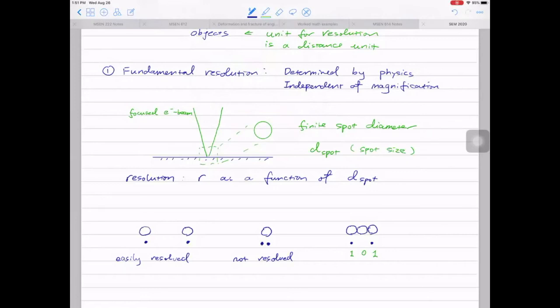If we look at the distance, we know this is D, or D spot. This is half D. This is half D. So in total, this is 2 D spot.